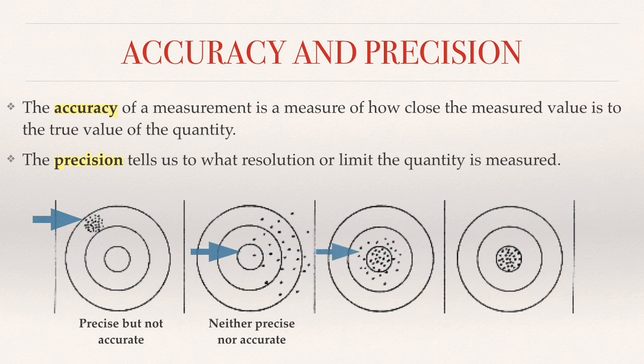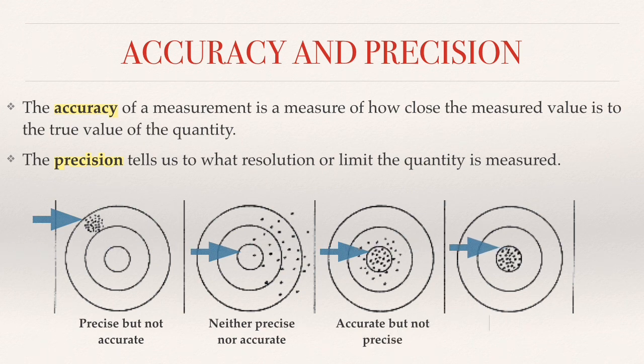But suppose the archer or the gunman wants to hit the accurate part, but accidentally it goes nearby, and all the readings are not falling on the accurate domain. So that region is known as accurate but not precise, like here.